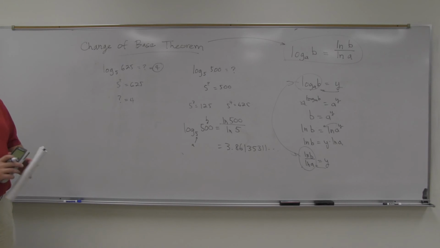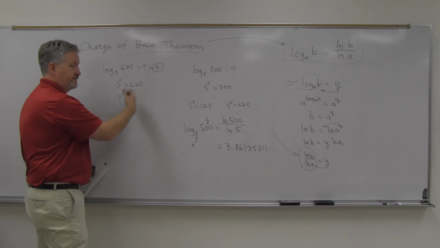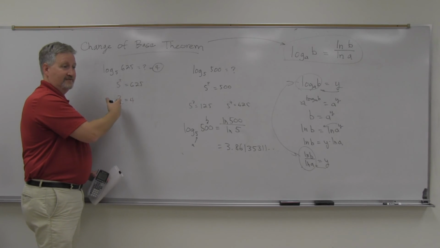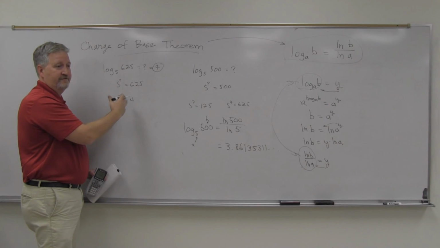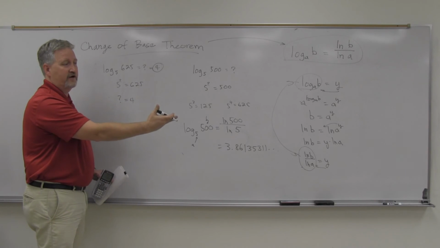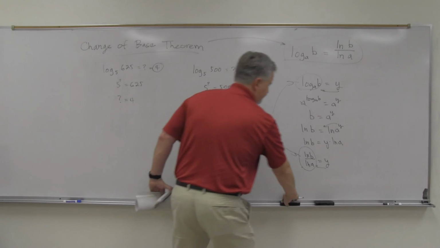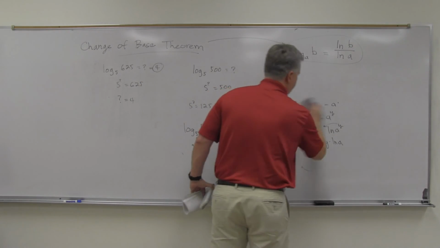So that'll work on any logarithm we can't figure out. On the test, I will still want you to be able to figure out logarithms by definition, but this gives us a way to figure out any logarithm we want.